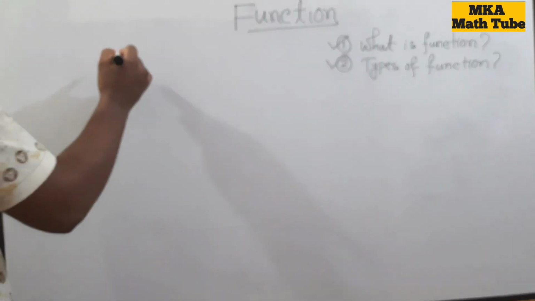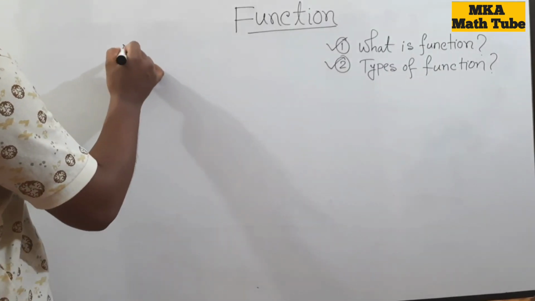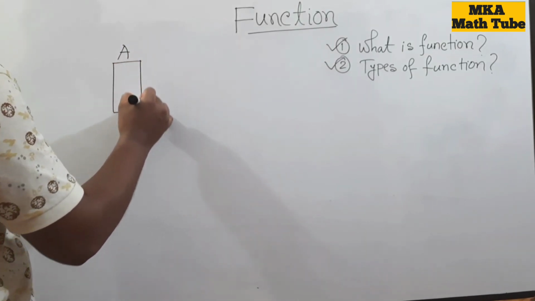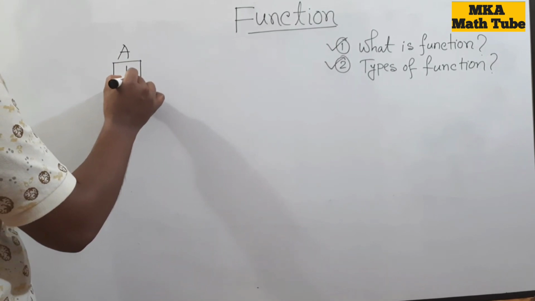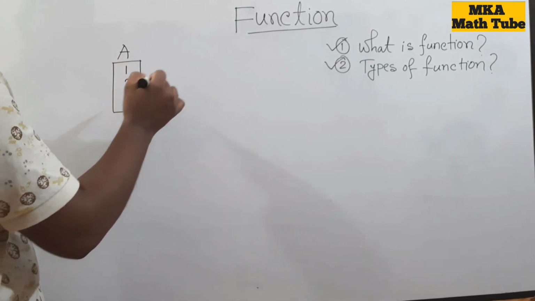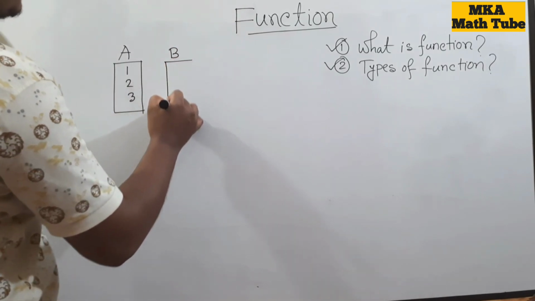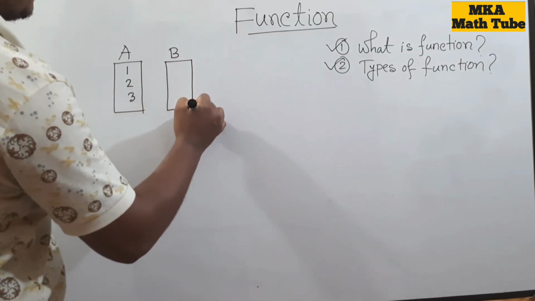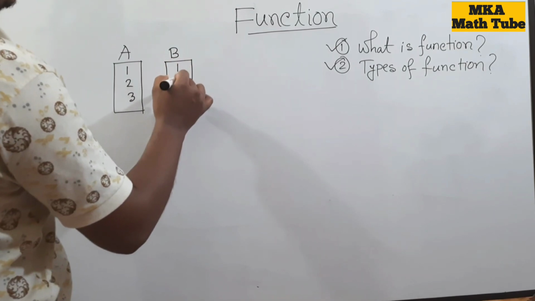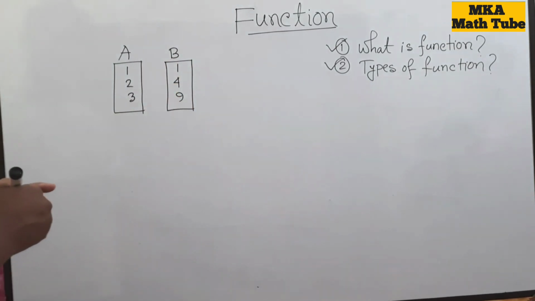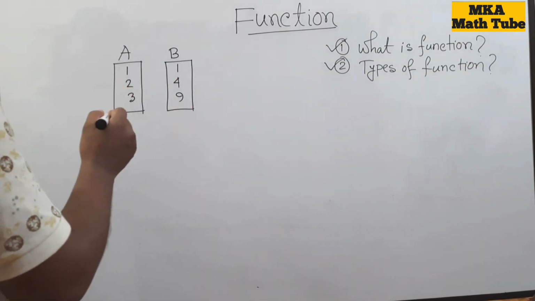If we consider one set A, the elements are 1, 2 and 3, and another set B, the elements of set B are 1, 4, 9. If you look at these two sets, we can see there is some relation between them.